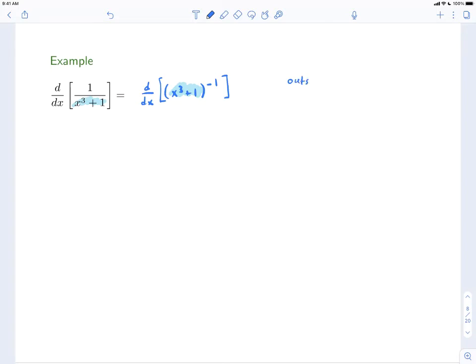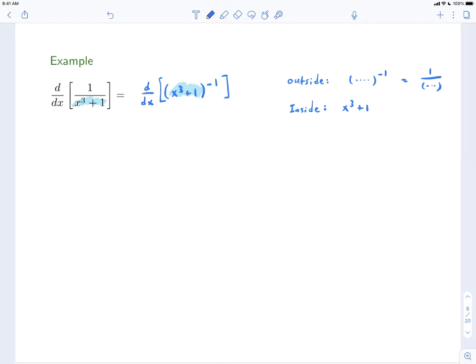The outside function is something to the negative 1, which of course is 1 over something as well. But it's just a little bit easier to differentiate it if you write it as something to a power, because then you can just use the power rule. Now the inside function is the thing that's inside those parentheses, x cubed plus 1.